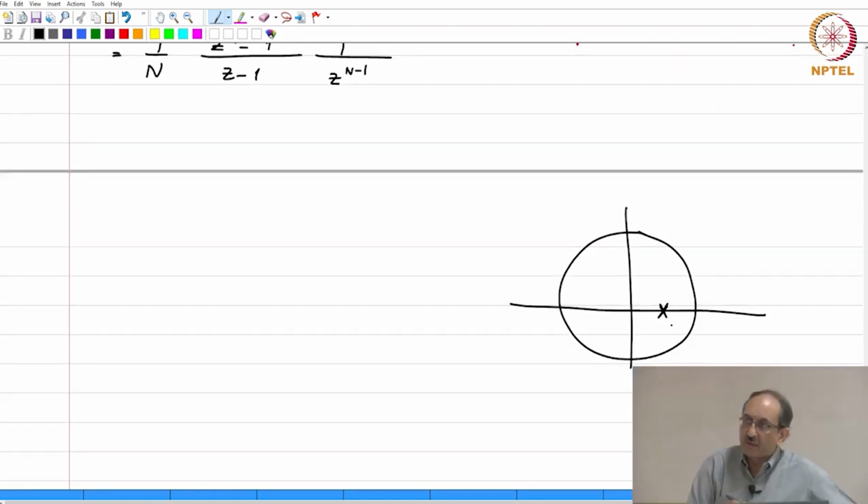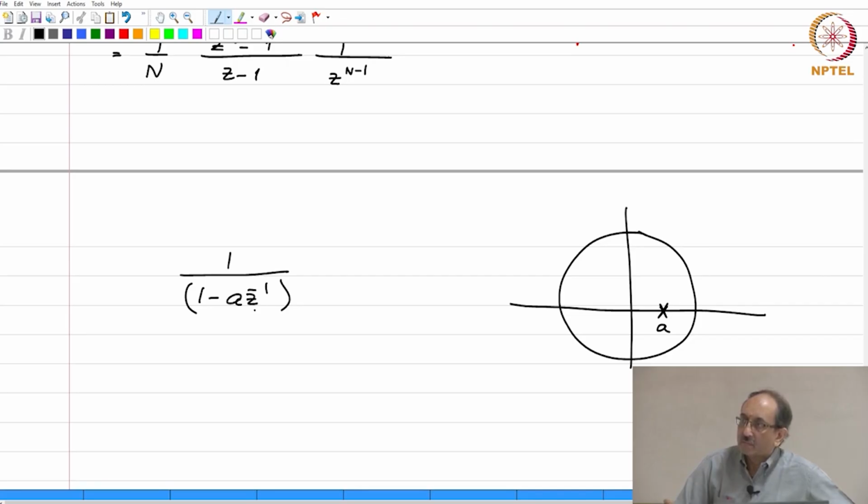And for simplicity, I have shown the pole to be on the real axis. And suppose if the pole is at a, then if you look at the transform, in general we are considering ourselves only in the class of rational transfer functions, and you will see that 1 by 1 minus a z inverse will be a factor in the transform.